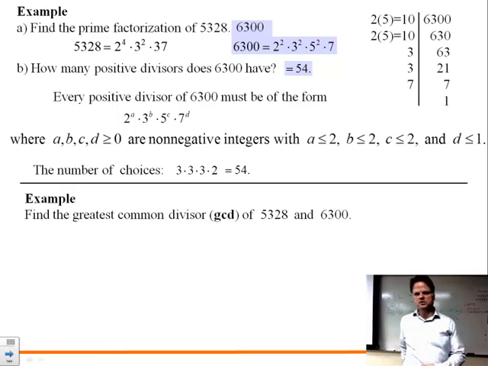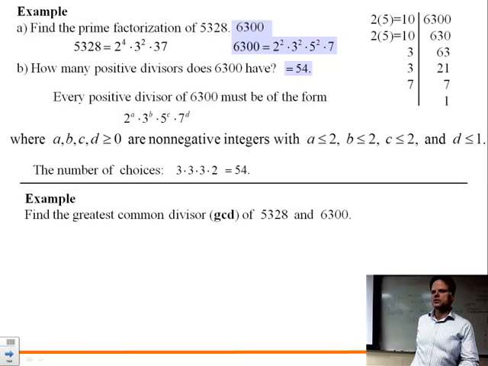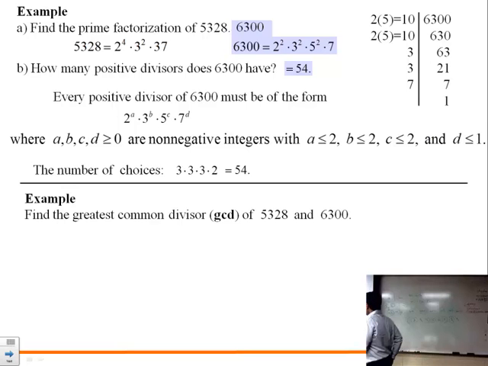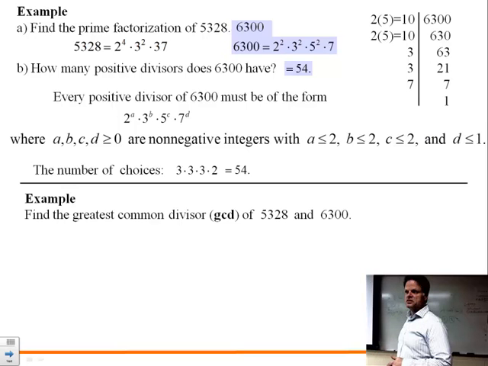All right. So we already found the GCD of these two numbers. What was it? You remember? 36. Okay. The GCD of two numbers can also be found from the prime factorizations in a very easy way.